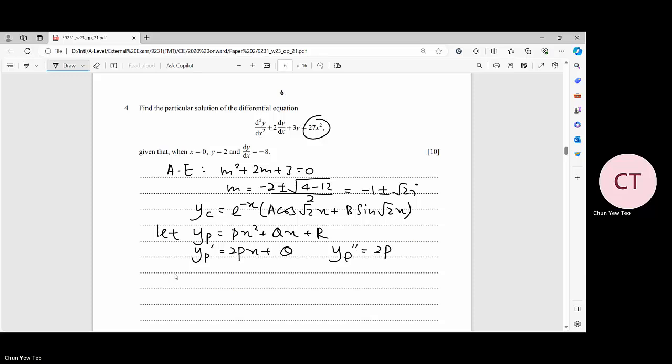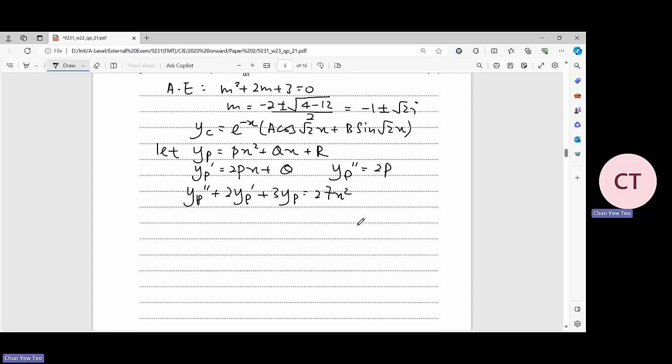Then substitute them into the equation: yp double prime plus 2yp prime plus 3yp equals 27x squared. Substitute and compare, you will get 2p plus 2 times (2px plus q) plus 3 times (px squared plus qx plus r) equals 27x squared.